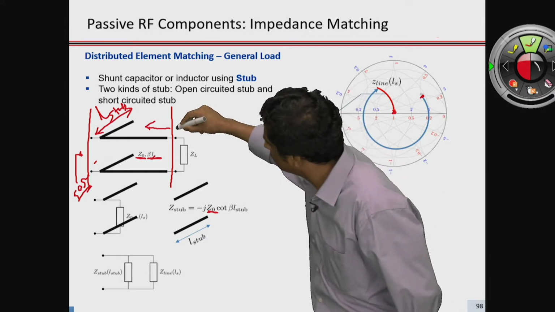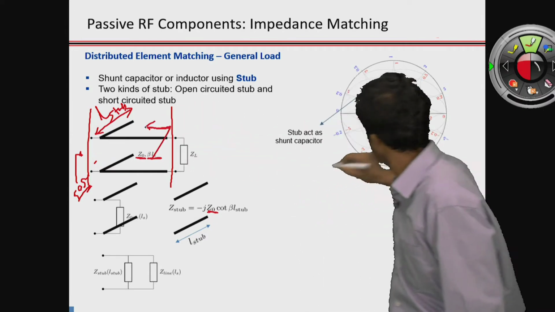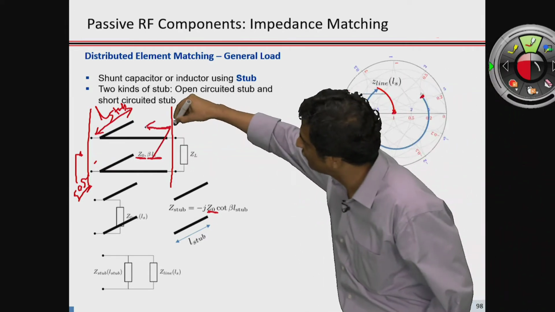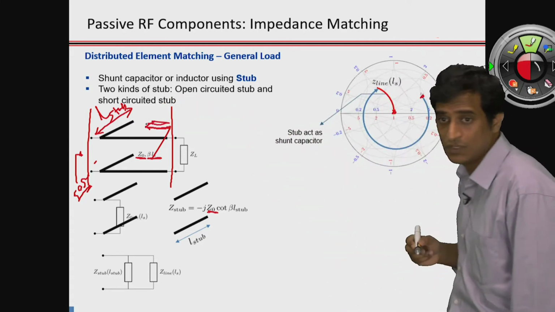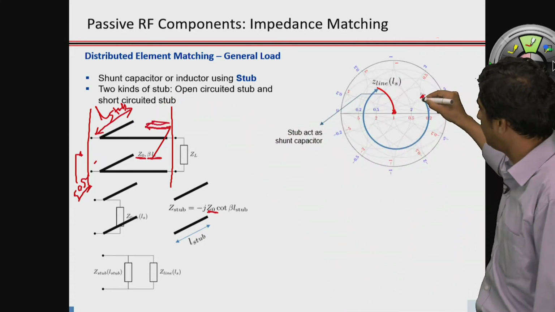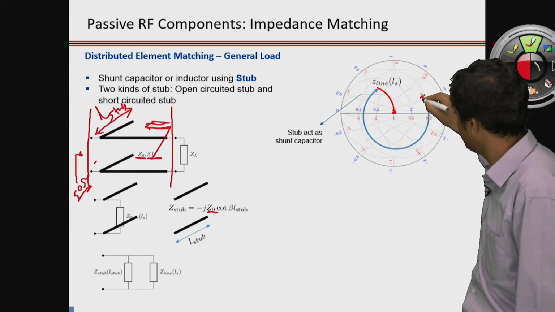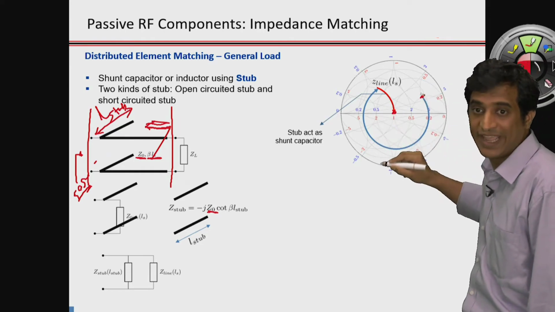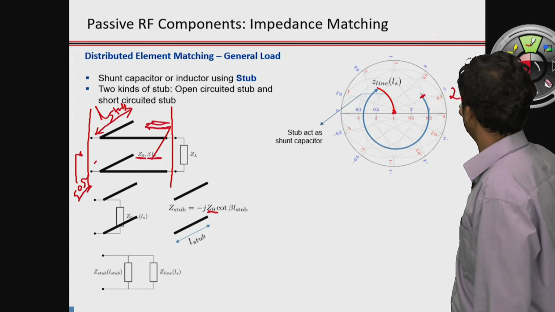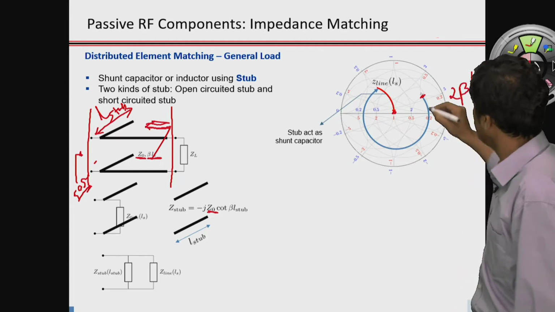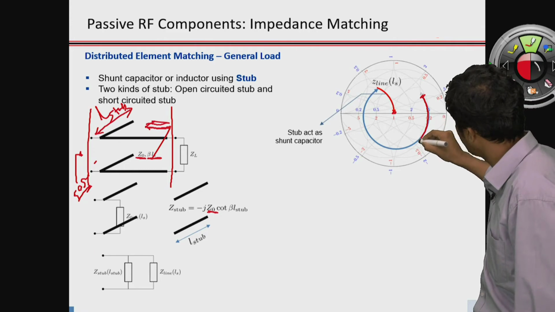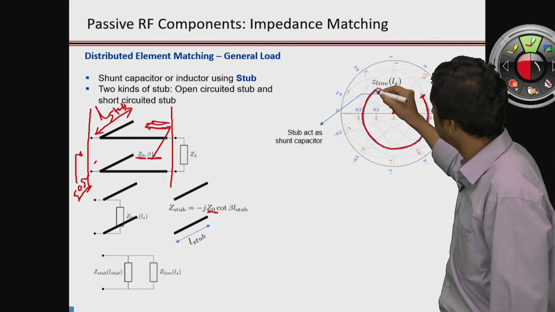As we move along this transmission line, for every distance Ls that we move, we are moving along the constant reflection coefficient, which is basically a circle, by an angle of 2 beta Ls in the clockwise direction.